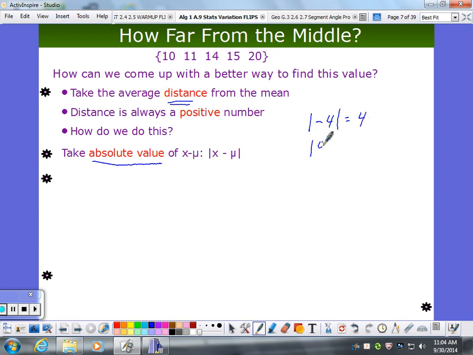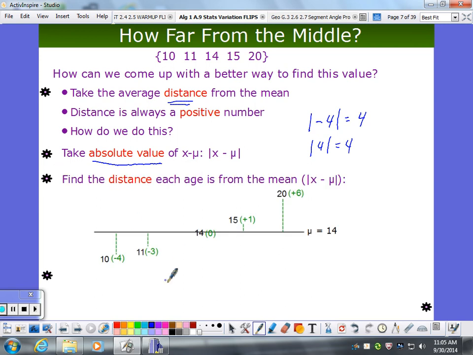And what's the absolute value of 4? 4 hops away, 4 hops away. So the distance from 0 is what that finds. We're going to use the absolute value so that we always get positives. This distance from the mean, that's -4, let's make it positive. It's 4 away. This one is 3 away. This one's 0 away, 1 away, 6 away.